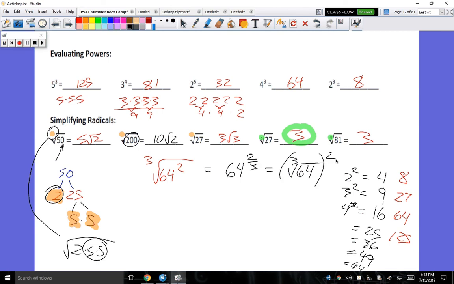Are these the same? Yep. Why? Because these are forms of multiplication, and multiplication does not have order. What's the cube root of 64? 4. Squared? 16. Could you have done that squared and then taken the cube root? You could have, but that's hard.